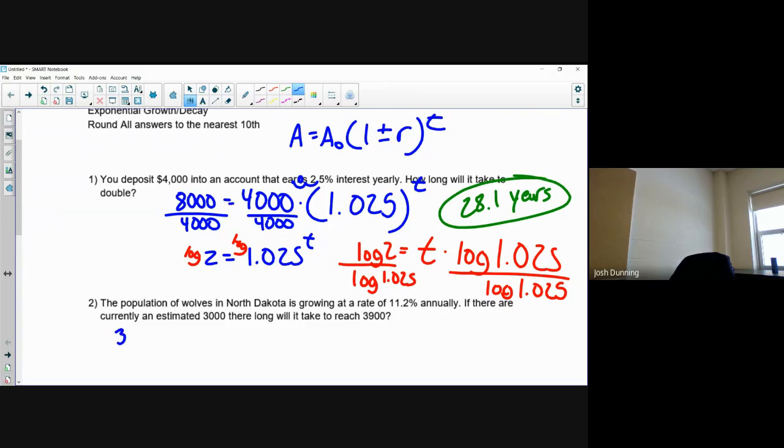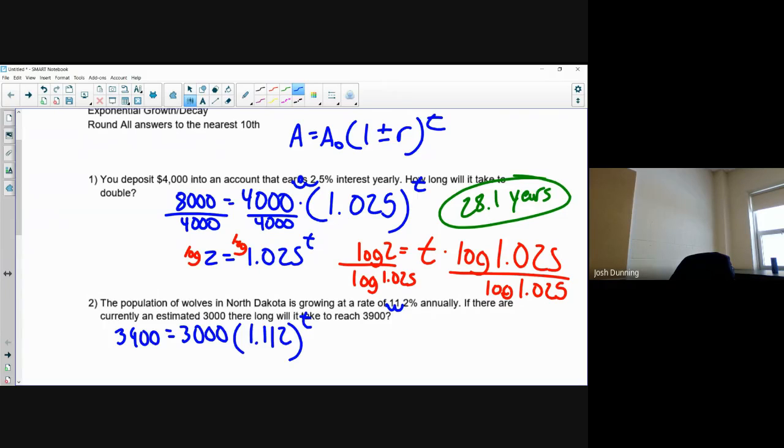That's the amount after the time. Currently, so that's the starting amount, 3,000. Pop that decimal over twice. We're talking about it growing, so 1 plus 0.112 is 1.112. We don't know the time. That's why we're going to use math to make a prediction about the future.